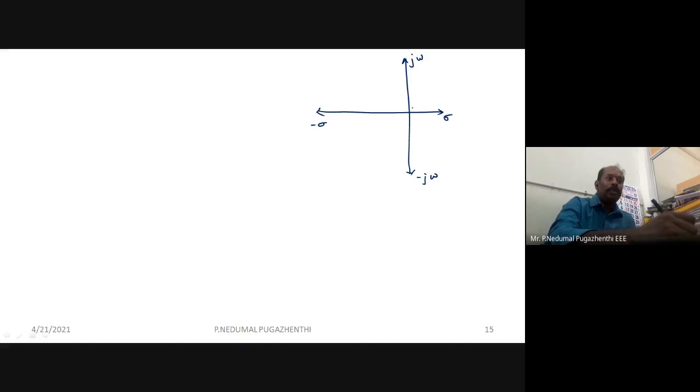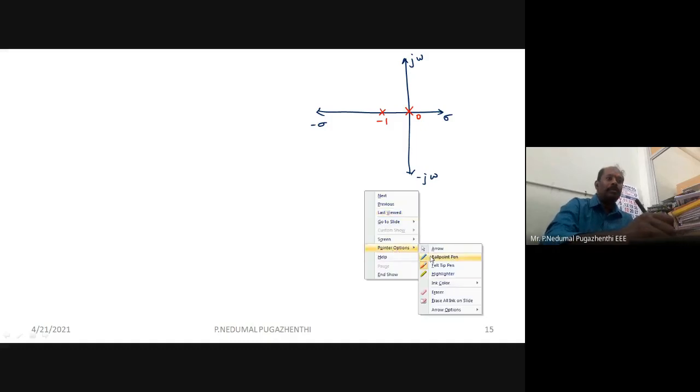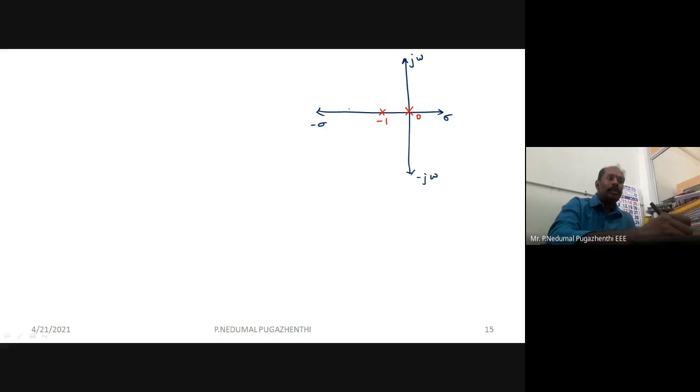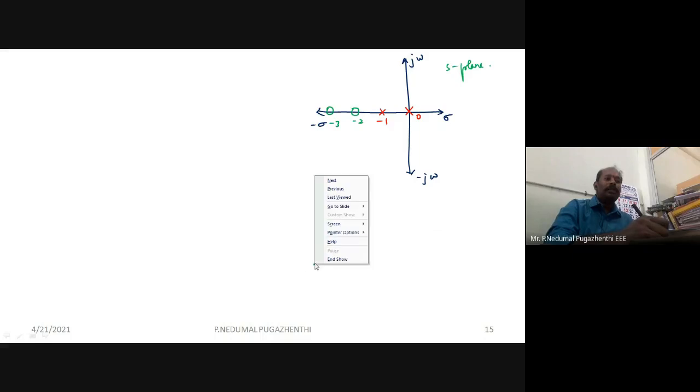Your poles are S is equal to 0, S is equal to minus 1. Your zeros are S is equal to minus 2 and S is equal to minus 3. This is your S plane. So what is my next work?